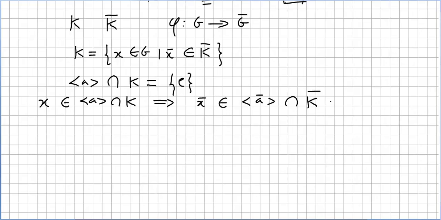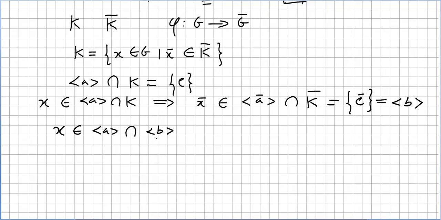That is equal to the identity bar. But all this is the set generated by B, and since X is in the intersection of A with B, this will be the identity.